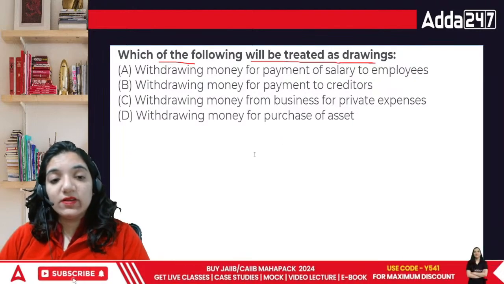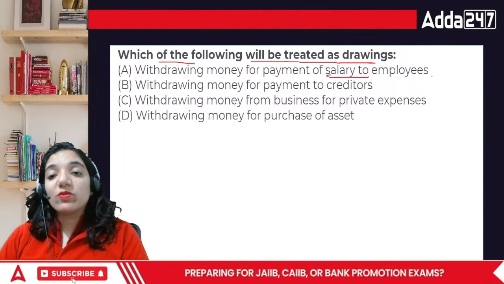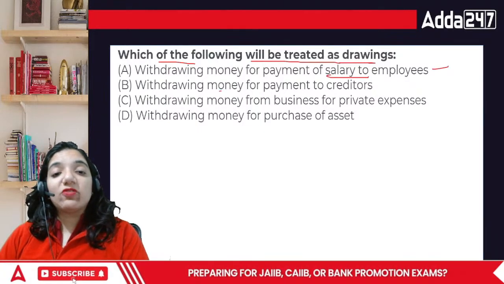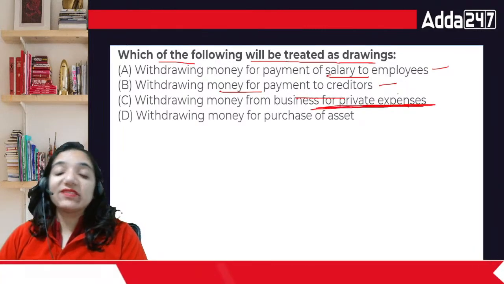Done, everyone? So in this case, according to you, what is the answer? Withdrawing money for payment of salary to employees, this is regular business. Withdrawing money for payment of creditors, regular. Withdrawing money from business for private expenses. Private expenses is the answer, everyone.